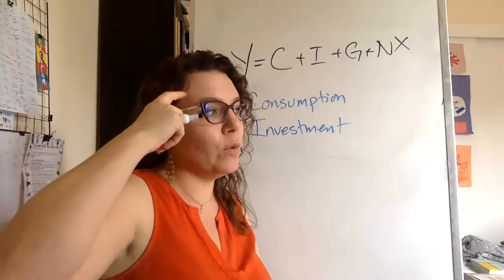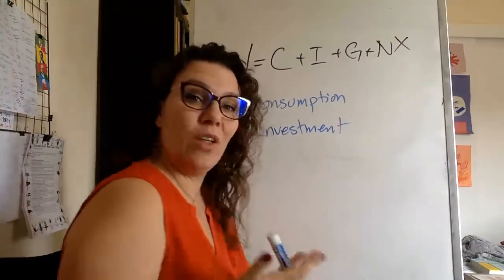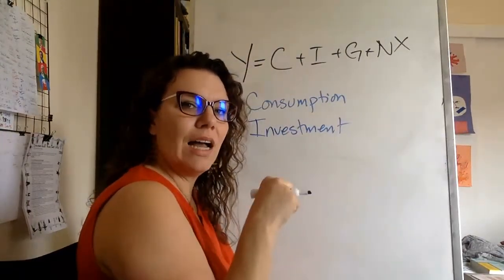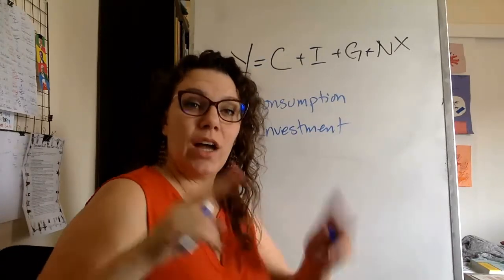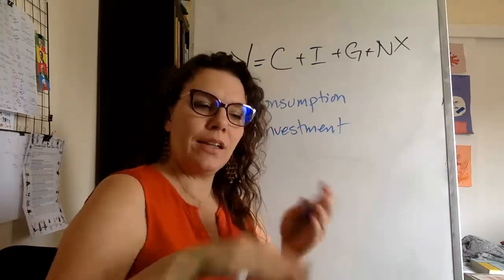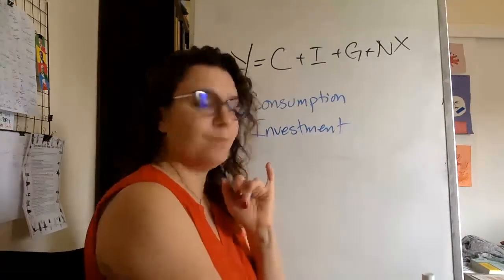So if you produce a bunch of goods in 2020 and you don't sell them all, it still counts as I, because we want to count that productivity for the year, and so we call it inventory, and it'll count for that year or that period's GDP even if it gets sold later on.